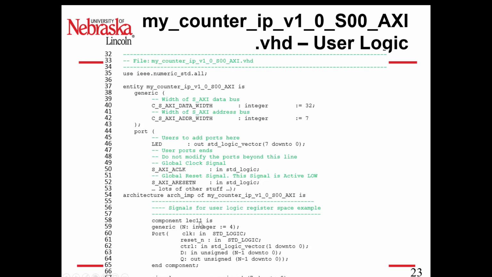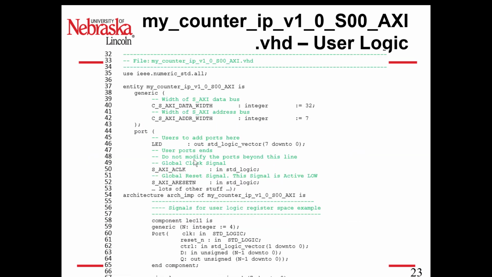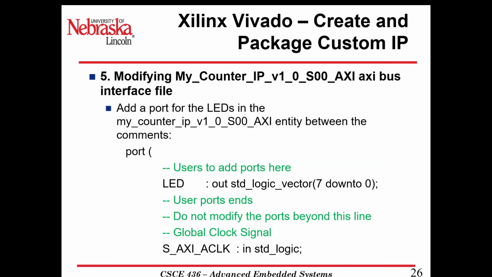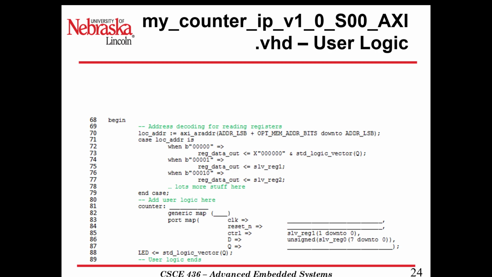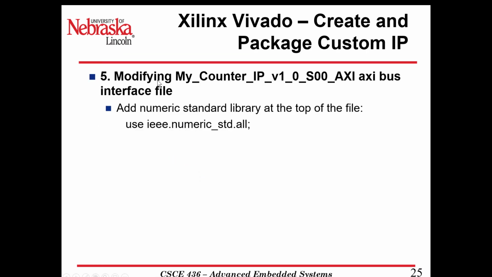All this is in the handout. It's also in the examples that we have. All these signals, we're going to start adding those in and then filling in the values for the user logic, which we already know anyway. All right, modifying the counter.